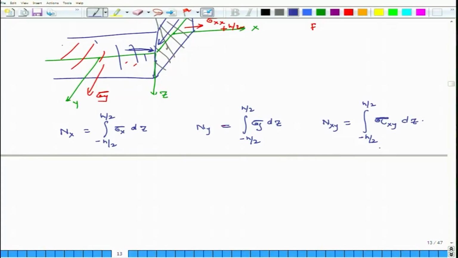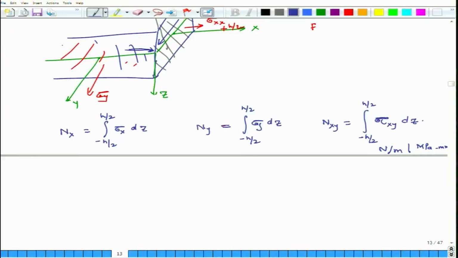Their units are newtons per meter, or sometimes we also use MPa millimeter, it depends.